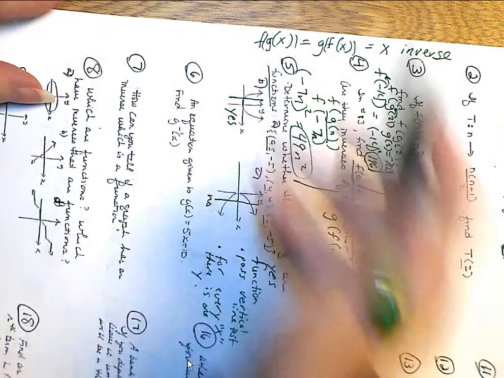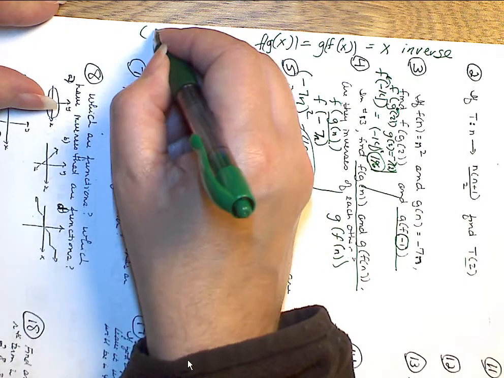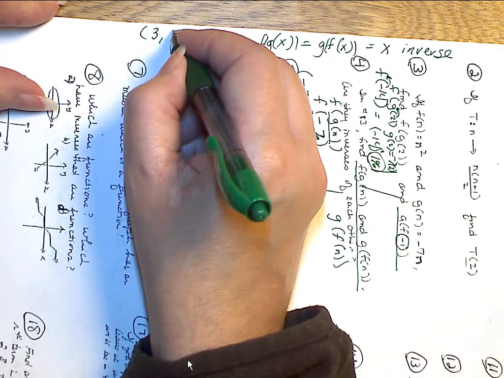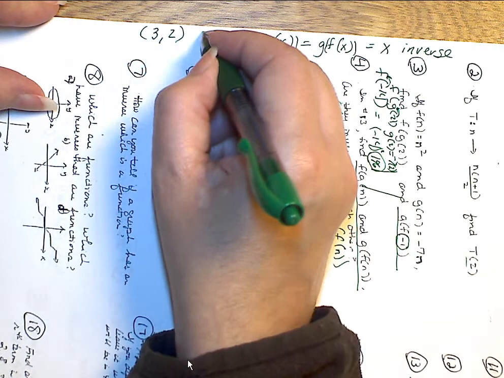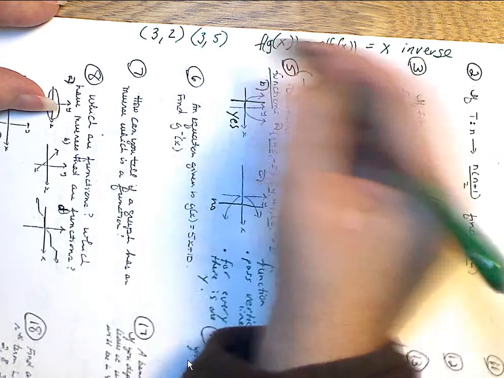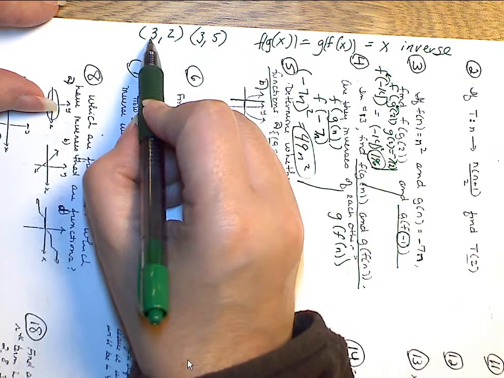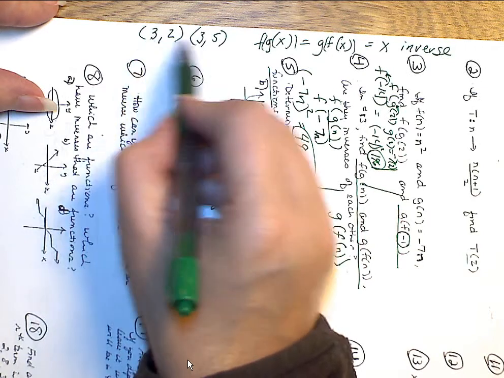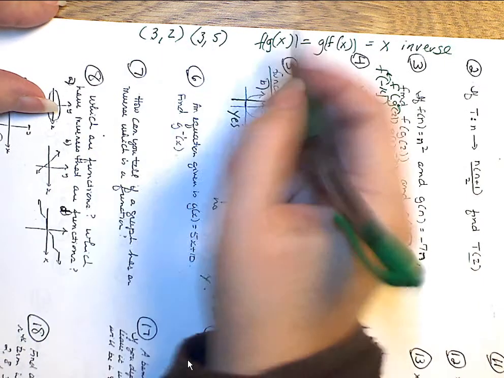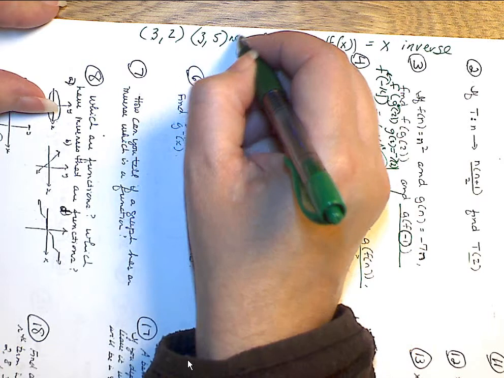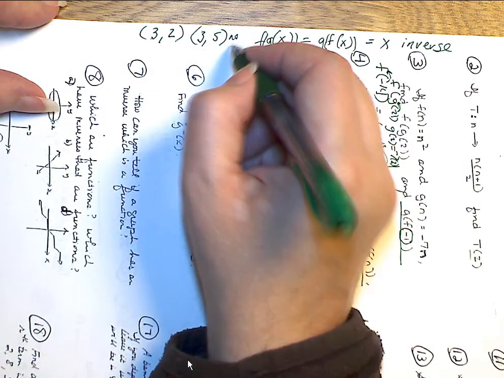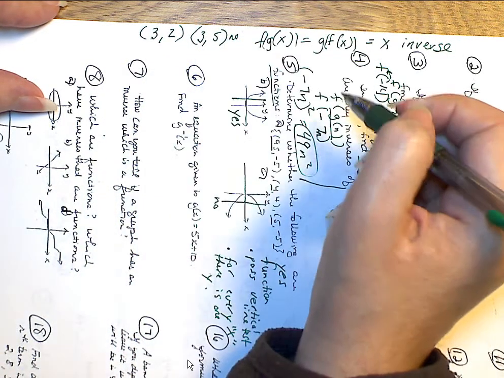Now my question is, is this a function? If I said (3, 2), (3, 5), is this a function? For every x, there is only 1 y. So this is no. It's not a function. If you plot these 2 points, they're going to be on top of each other. What about this?